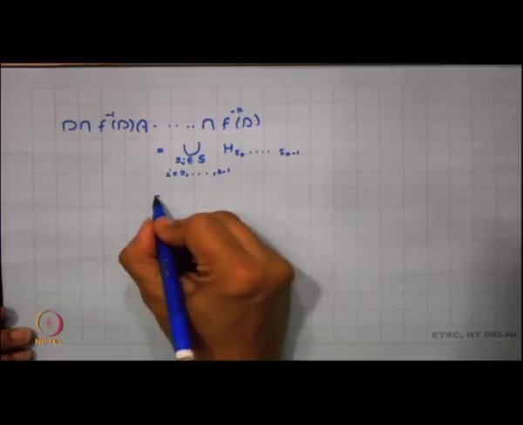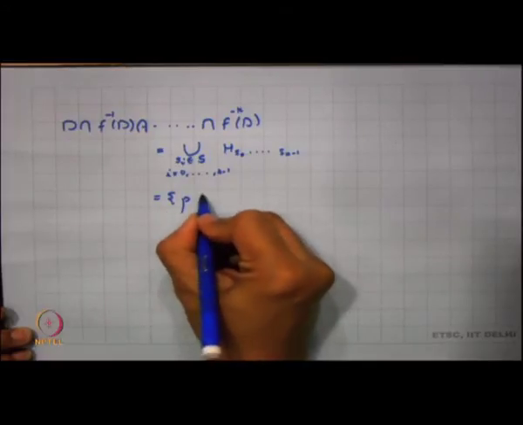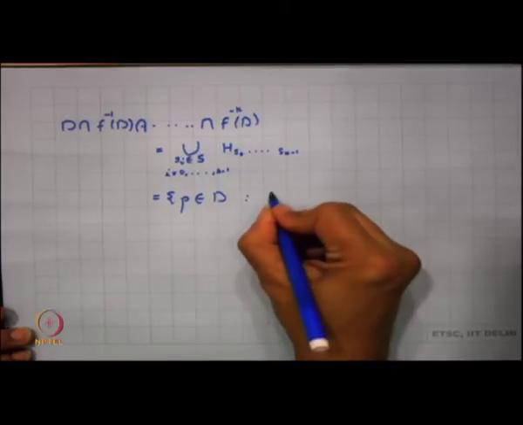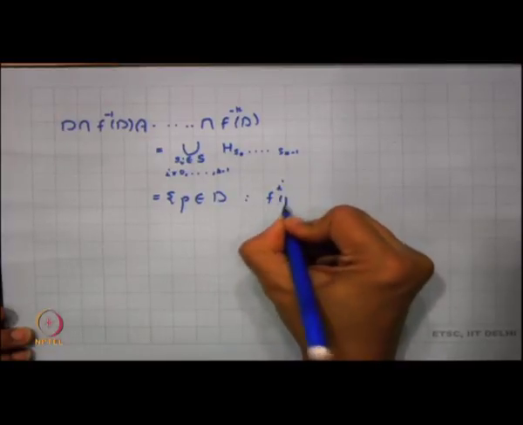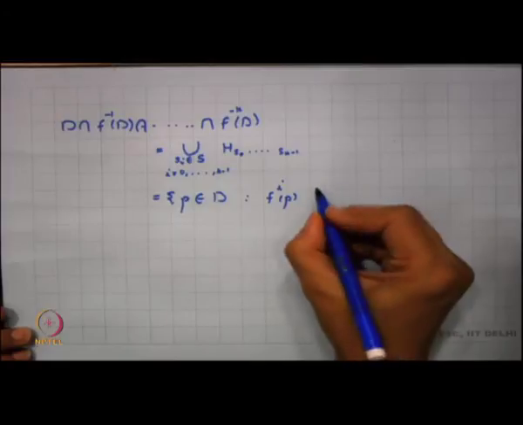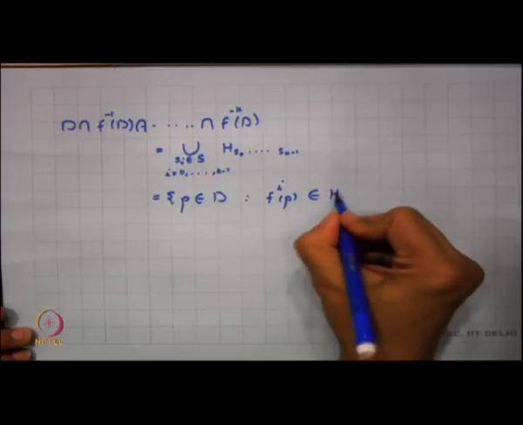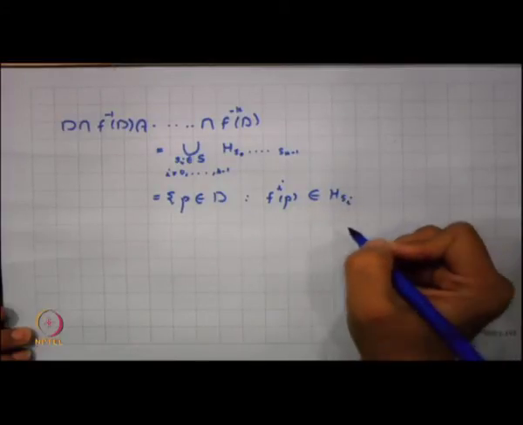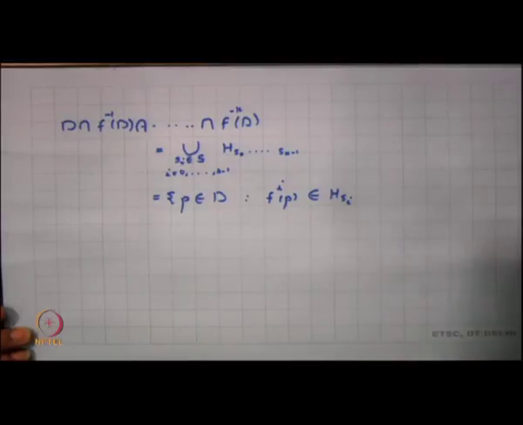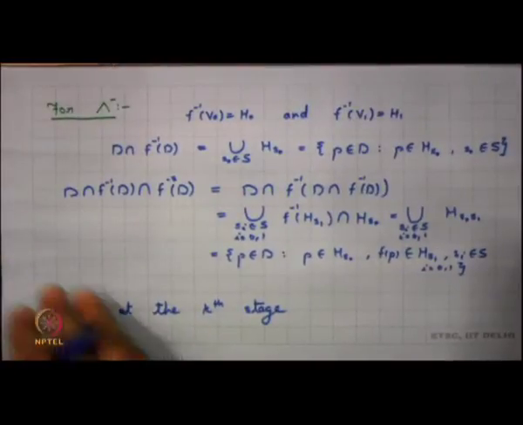If we look into this factor, this is the set of all P belonging to D such that F^i of P belongs to H of S_i. That is what we get here. You try to think of that part.